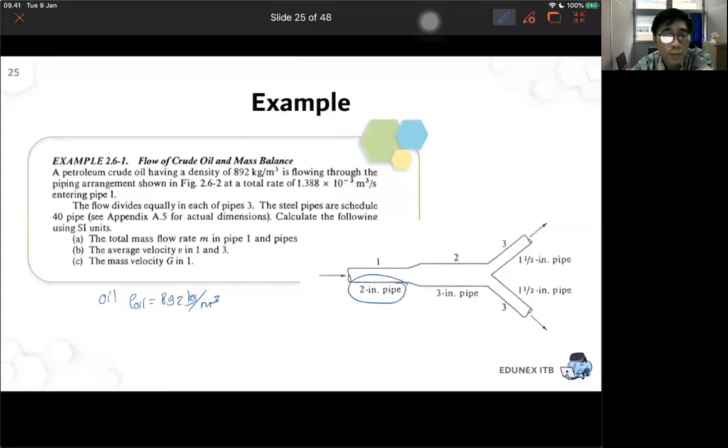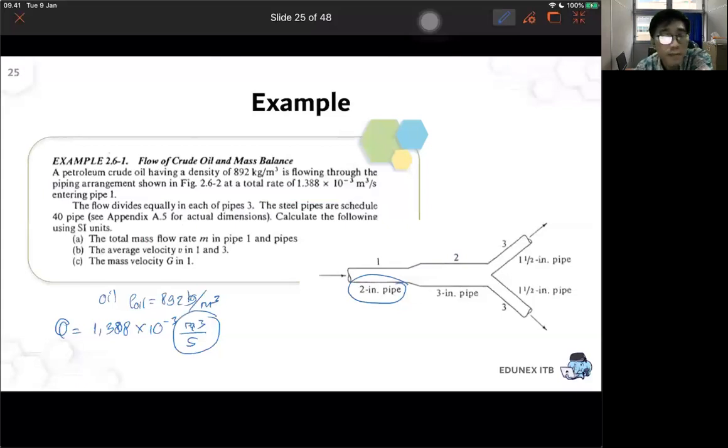Okay, flowing through the pipe with the total rate of 1.388 times 10 to the power of minus 3 cubic meters per second. So it should be the volumetric flow rate. Total rate means the volumetric flow rate, seeing from the unit. So if you are not sure what the total rate is, just see the unit.